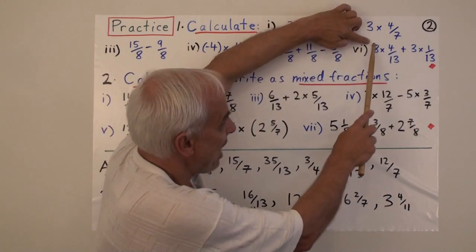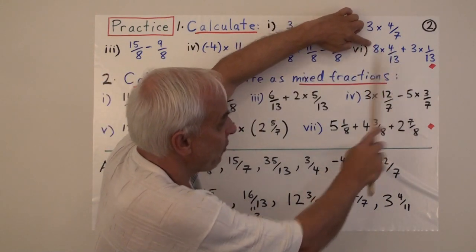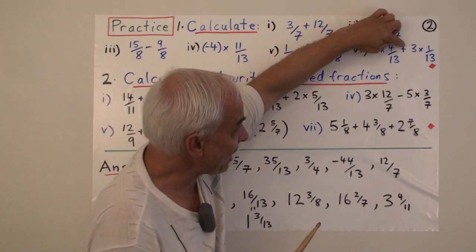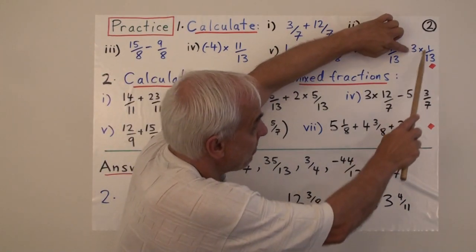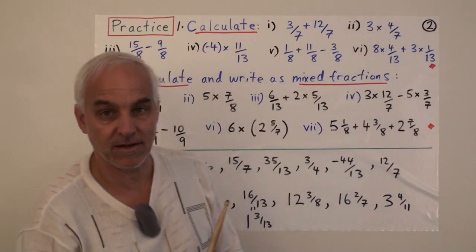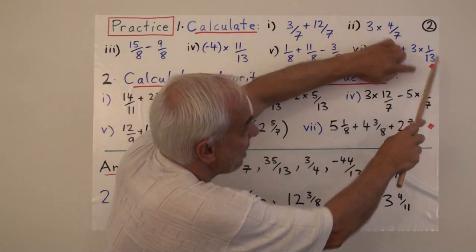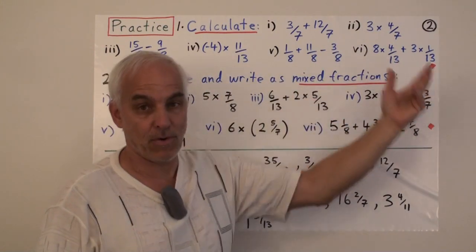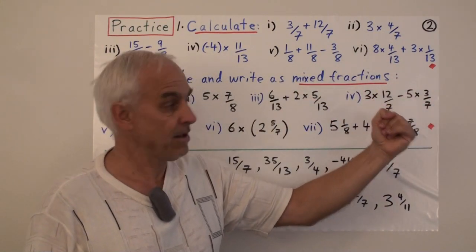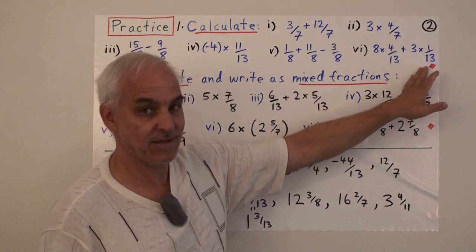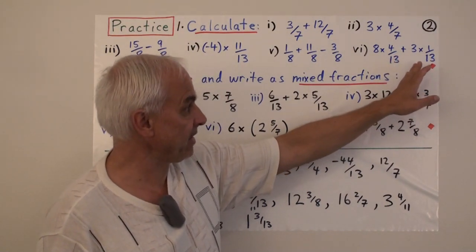So this means you have to multiply 8 times 4/13 first, and then add to that the result of multiplying 3 times 1/13. I could also have put brackets around these two and these two, making it clearer what order to do things in, but it's important to learn the right convention, that you don't actually need the brackets there.